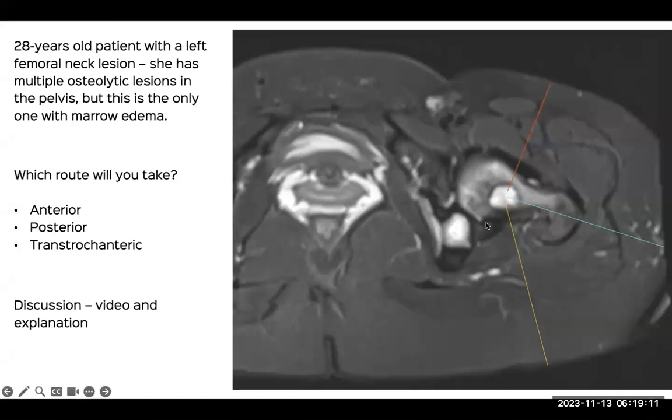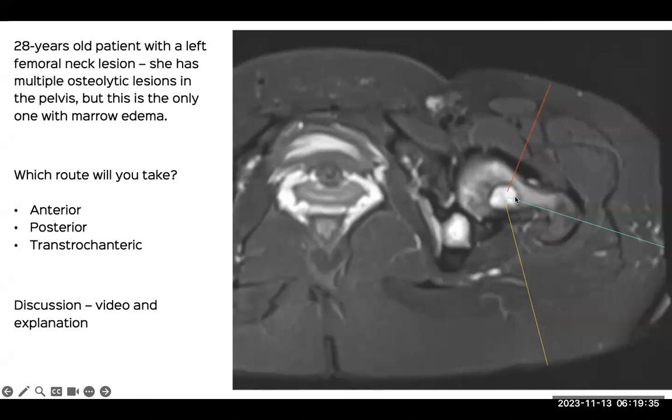Or for that matter, a lesion like this in the femoral neck. Now, our pre-test probability was either chondroblastoma or LCH, more likely LCH or osteomyelitis, sorry, because this was a metaphyseal lesion and not epiphyseal. So I'm just trying to remember the case a little bit anyway. And so you have these three approaches.